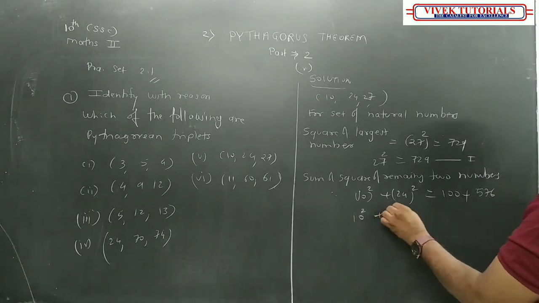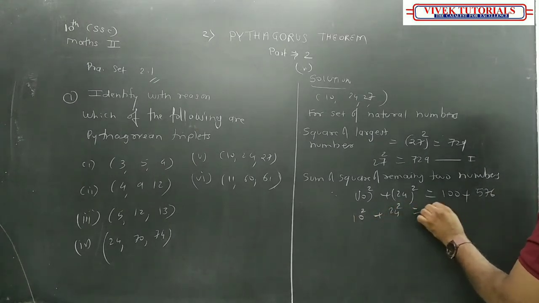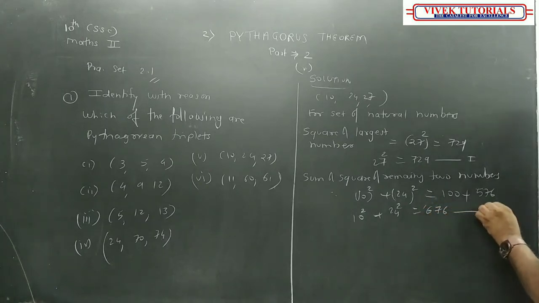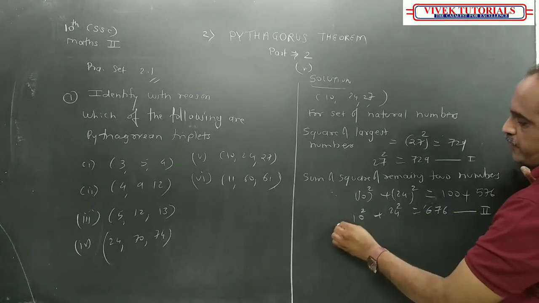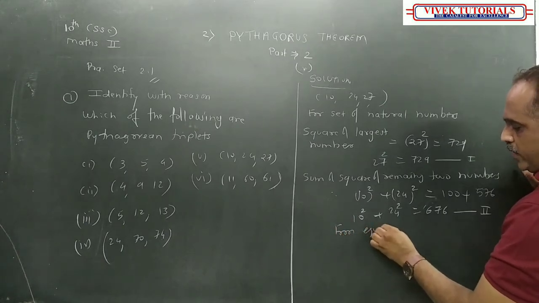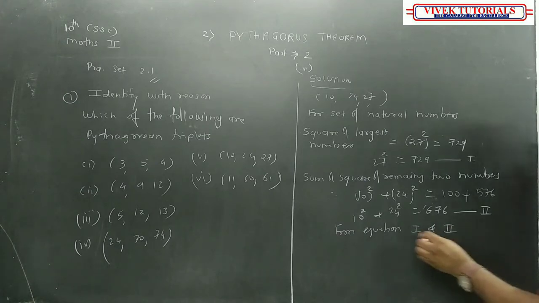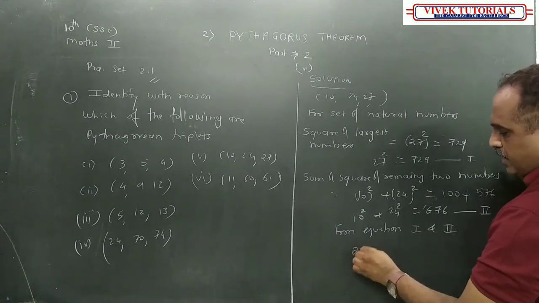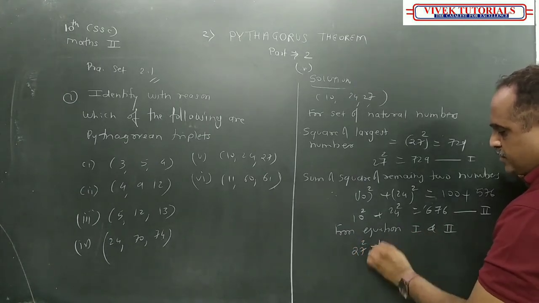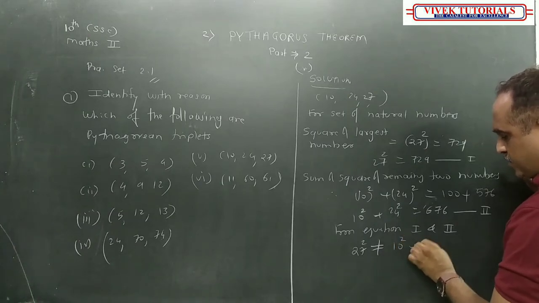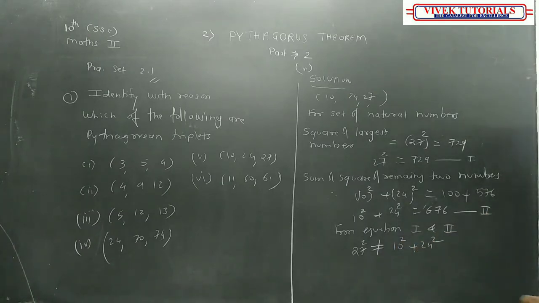So 10 square plus 24 square is equal to 676. So from equation 1 and 2, what I can write is 27 square is not equal to 10 square plus 24 square.